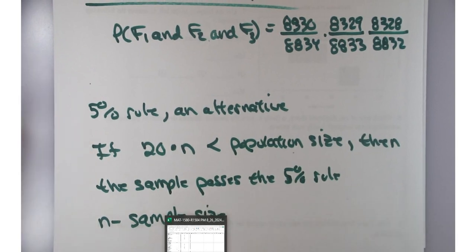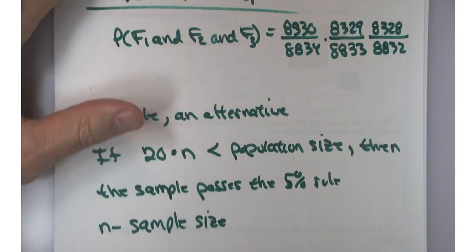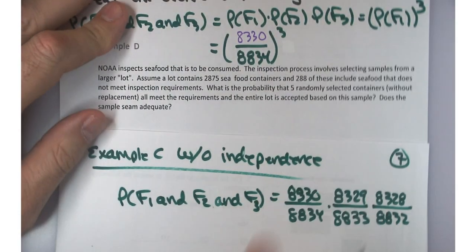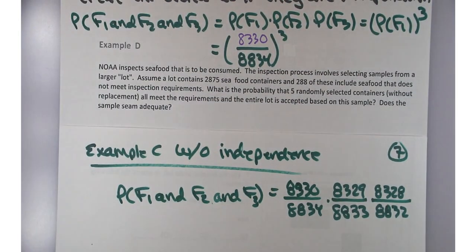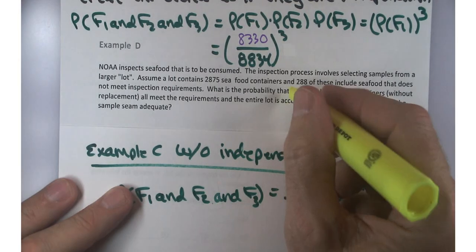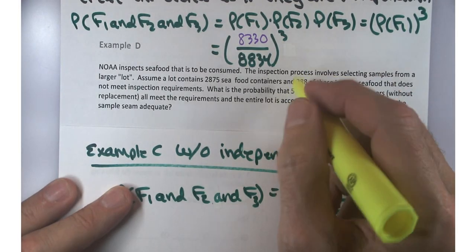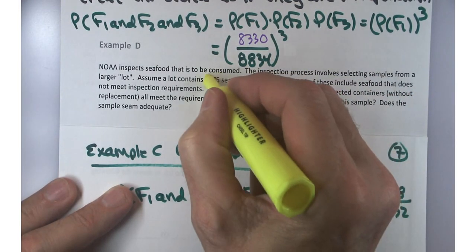For instance, in our last one, it's pretty easy to do 20 times 3 in your head. 20 times 3 is 60. Clearly that's less than 8,834. Or in our next one, we have a sample of size 5. Does this pass the 5% rule when our population has a size of 2,875?